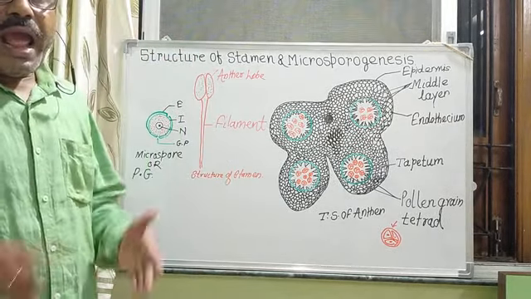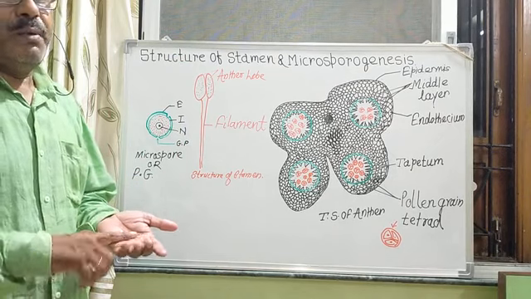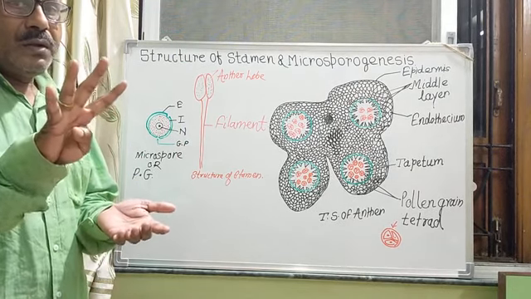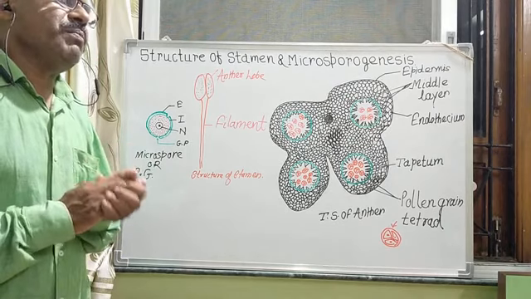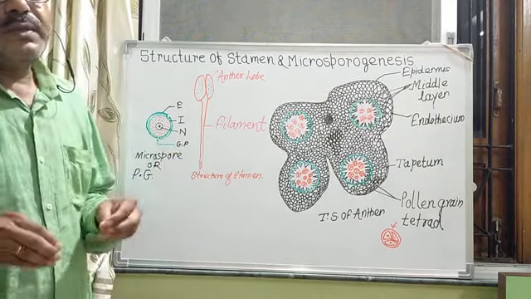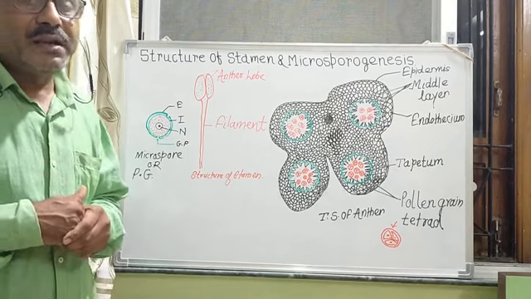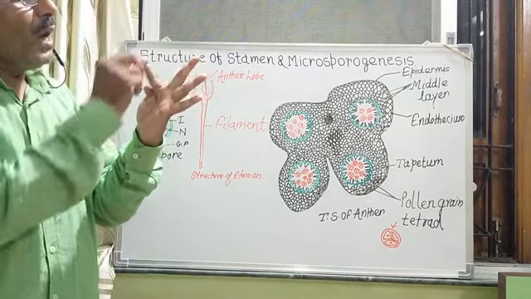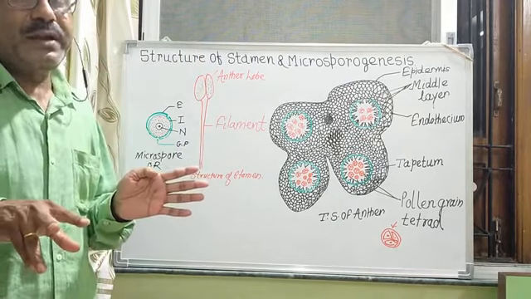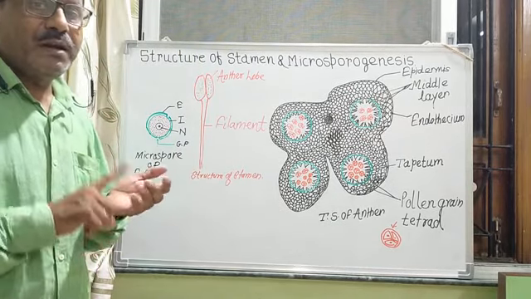If any one of these four is absent, then such a flower is called an incomplete flower, because out of four, one or two may be absent.